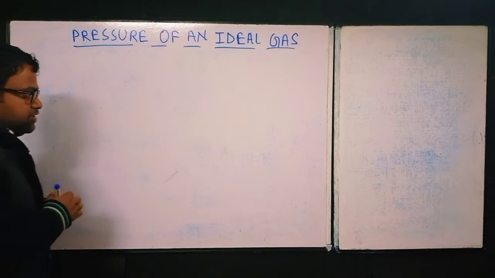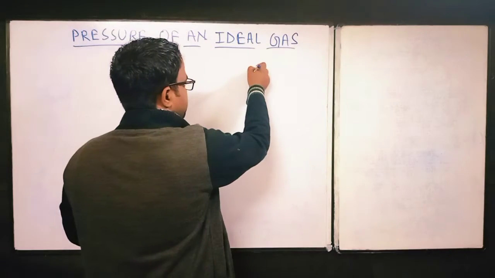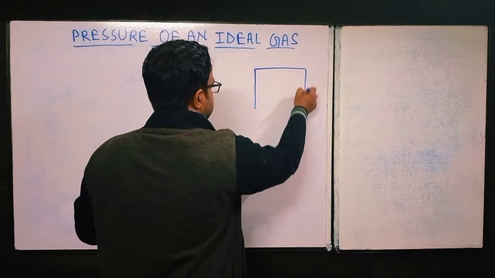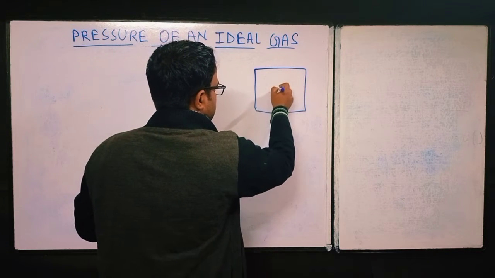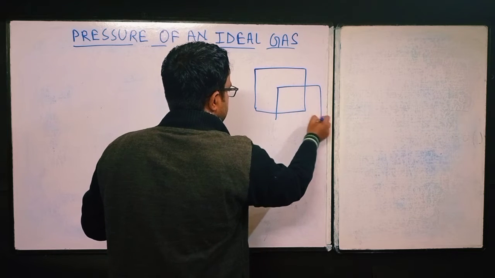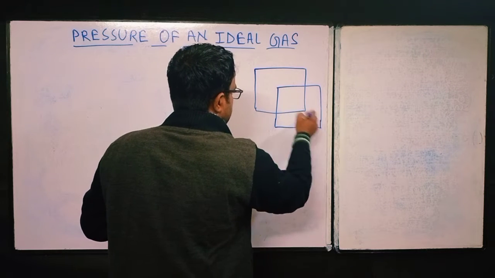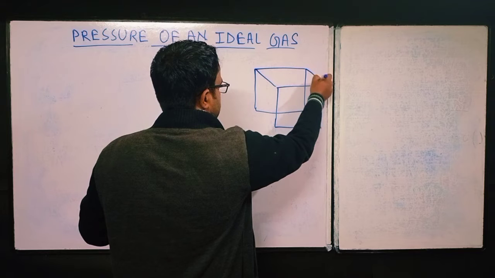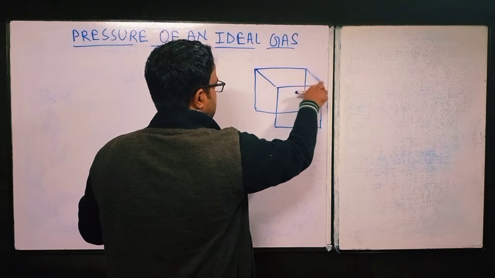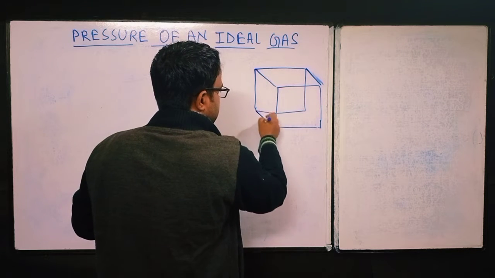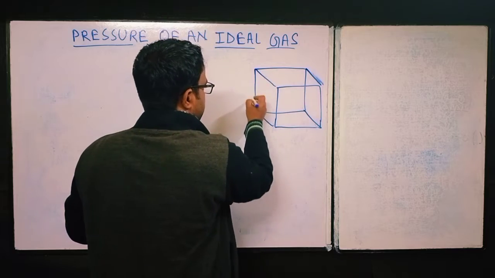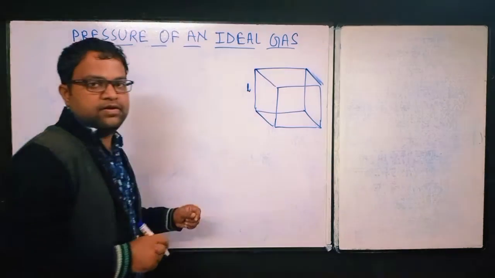Now in this video we'll calculate the pressure, the derivation for the pressure, and the root mean square velocity. Let's say this is a cubical box. To simplify our calculation, we will take a cubical box of length L, right?